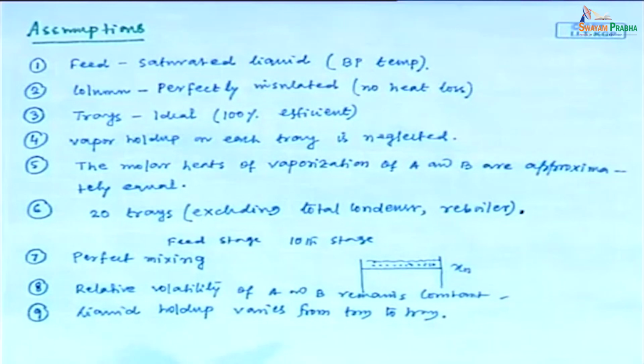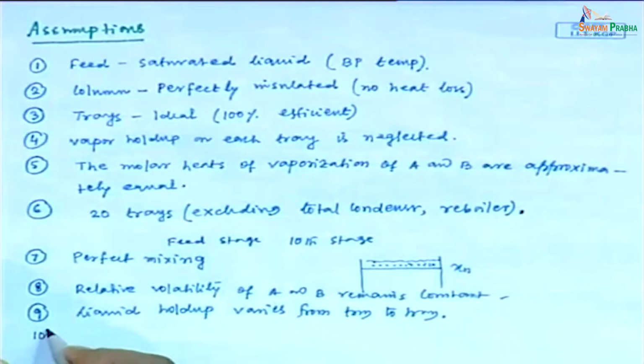Our fourth assumption was negligible vapor hold up, but we are considering liquid hold up. That is, liquid hold up varies from tray to tray, but there is no variation of vapor hold up. The last assumption, the 10th, is that condenser and reboiler dynamics are neglected.